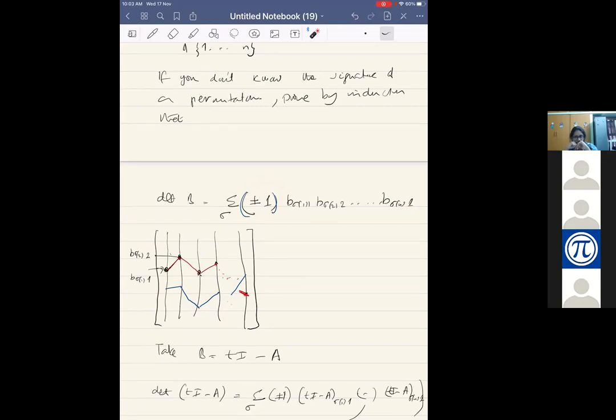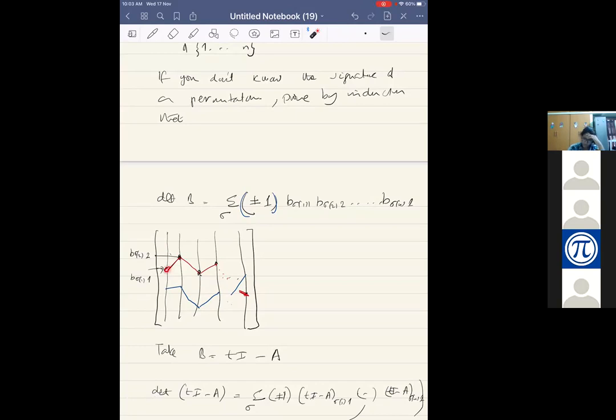Two of the columns can't have the same row, right? Oh yes, absolutely. It's a permutation, so you can't have a path like this. The path must visit each row once, so you cannot miss out.